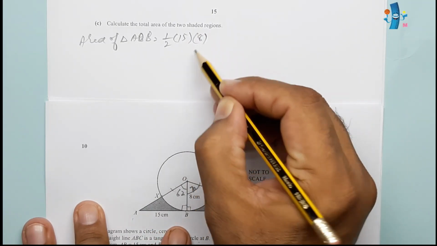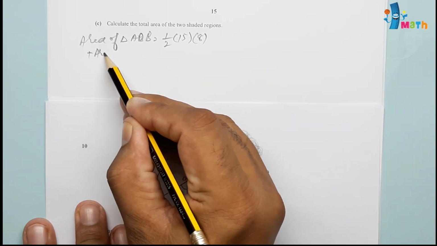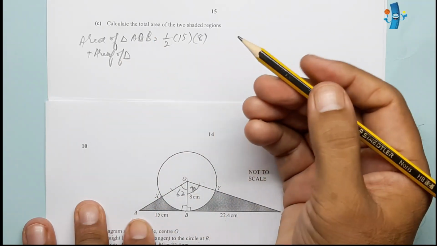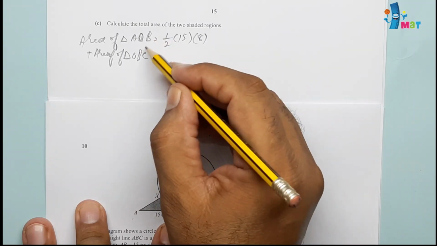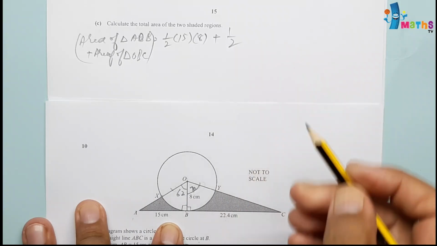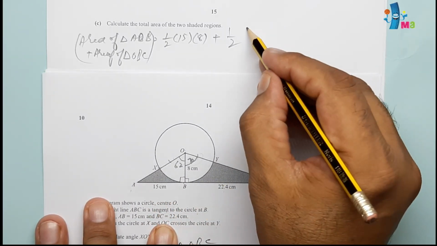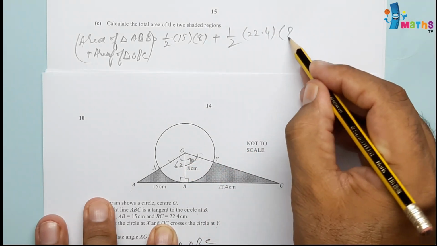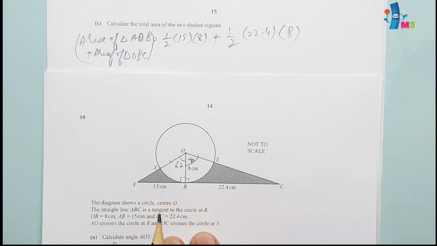This will be the area of this triangle, plus the area of the other triangle, which is triangle OBC. This will be half of this triangle. You can see this base is 22.4 multiplied by height, which is 8. So this is the area of these two triangles.